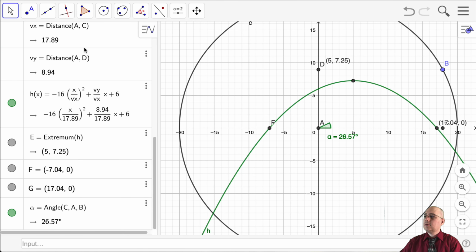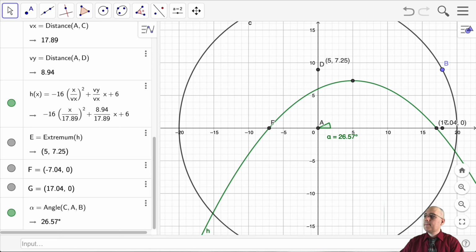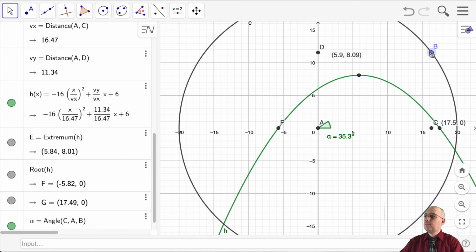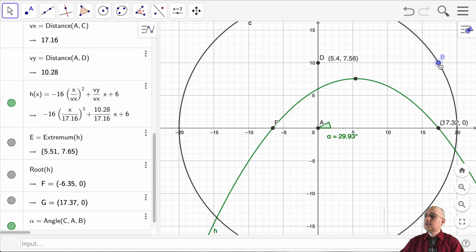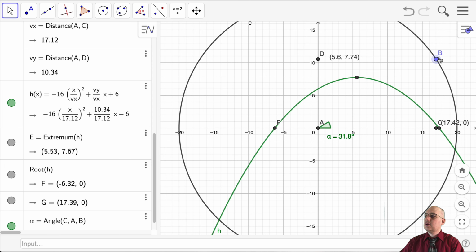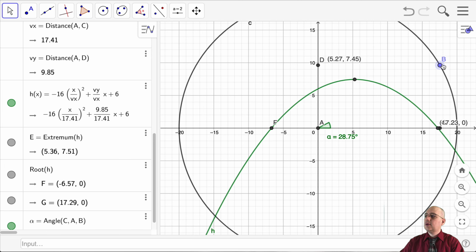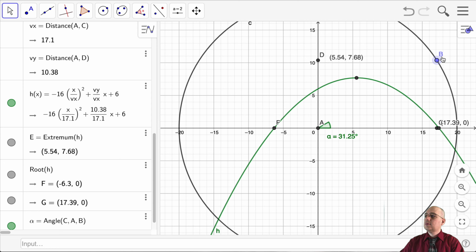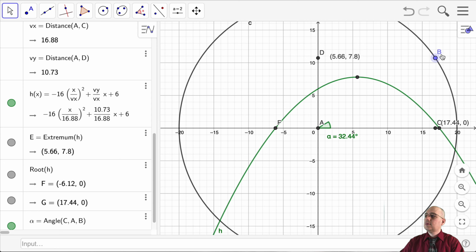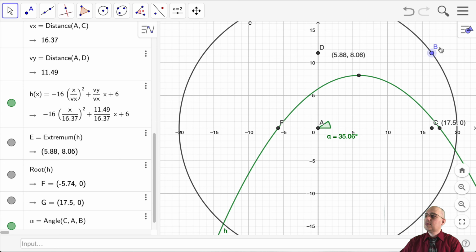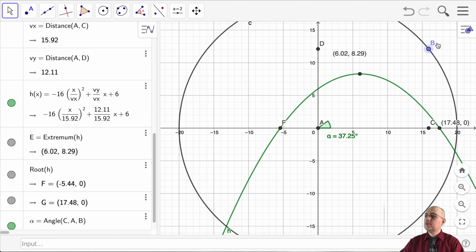Okay, so obviously you can go farther, but the maximum angle here, what was it? Yeah, so that changes it too, I guess.